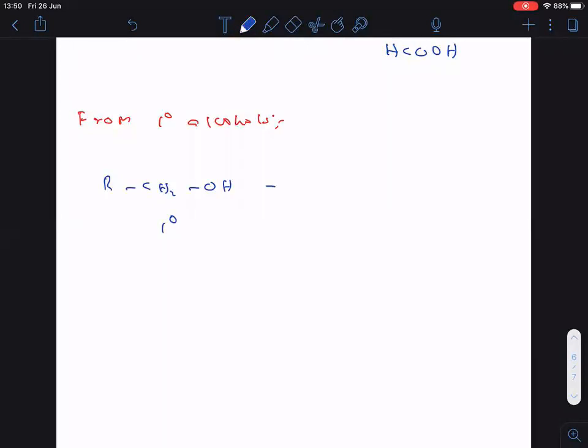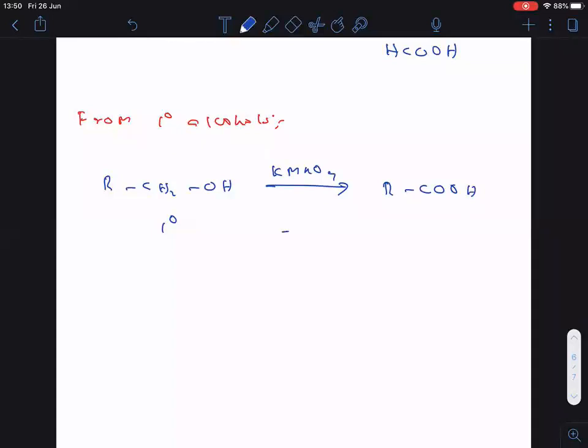Remember, a primary alcohol, when it undergoes oxidation with a strong oxidizing agent, then here we will get the carboxylic acid. Clear?